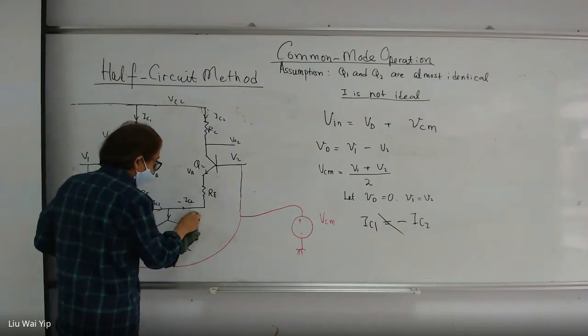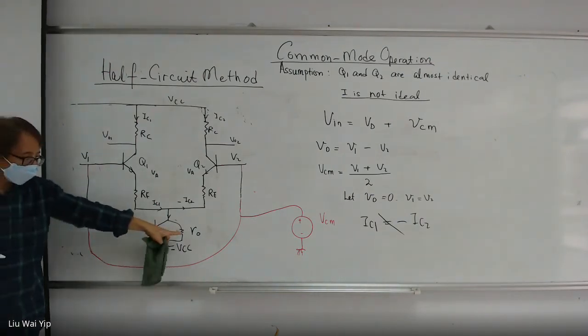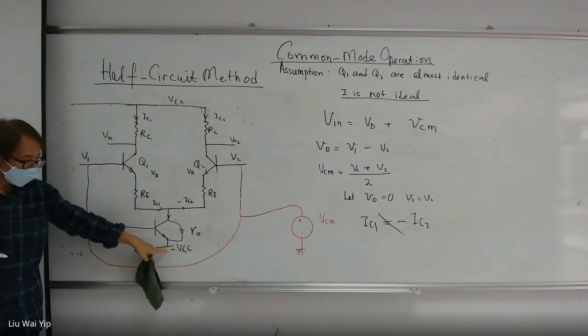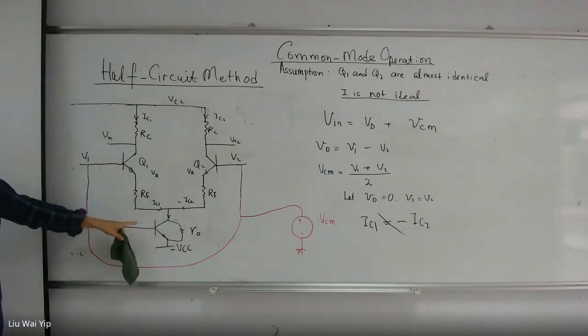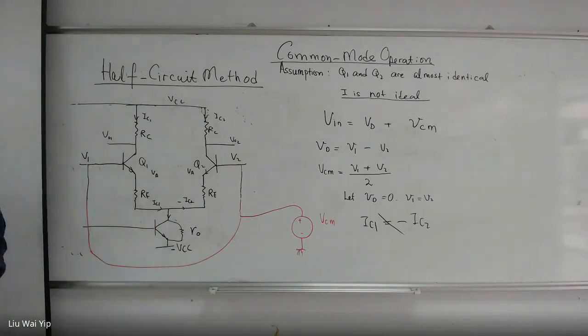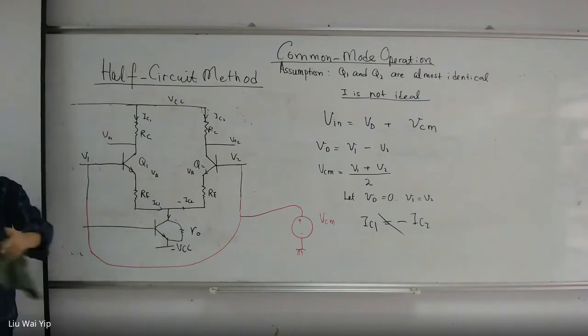And we are going to use the half-circuit technique to resolve this problem. And the current source here is RO. So you have a current source and RO. So before splitting this circuit into half, what would you do?